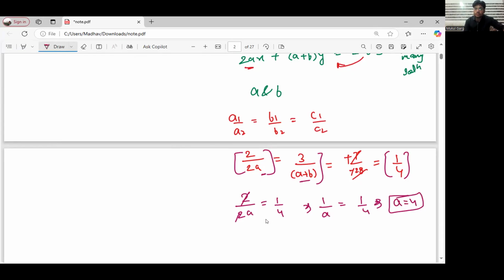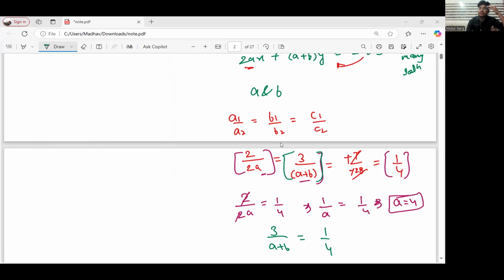Now let's find out the value of b. 3 upon a plus b equals 1 upon 4. We need to solve for b from here.